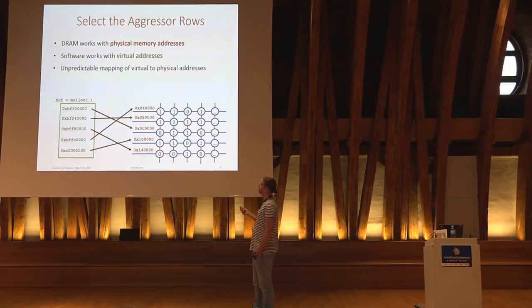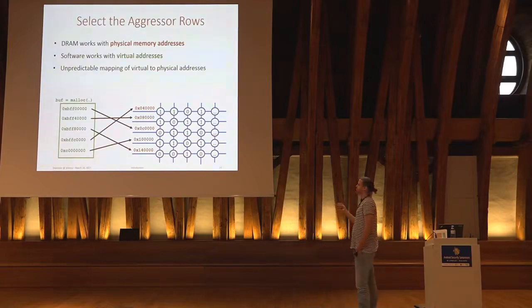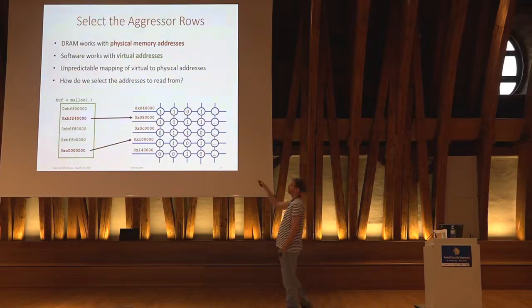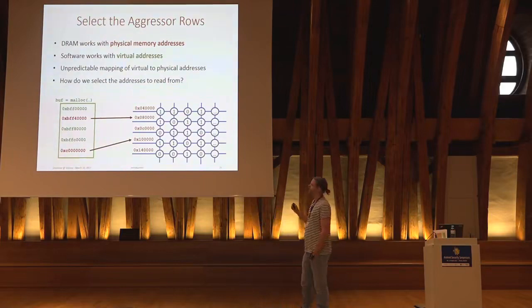And this mapping from virtual addresses to physical addresses is unpredictable. So you don't really know which addresses in your software you should read to make sure you're selecting the two aggressor rows to trigger the Rowhammer bug.